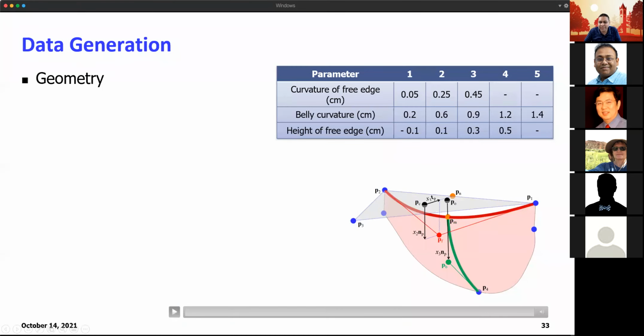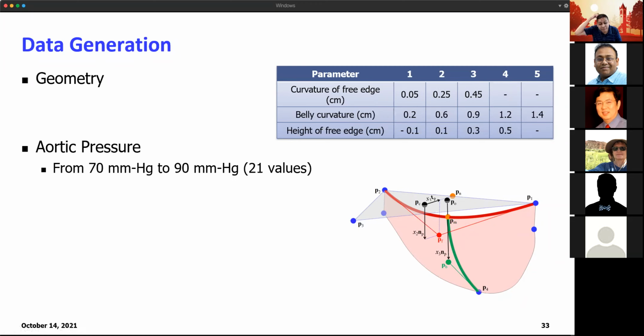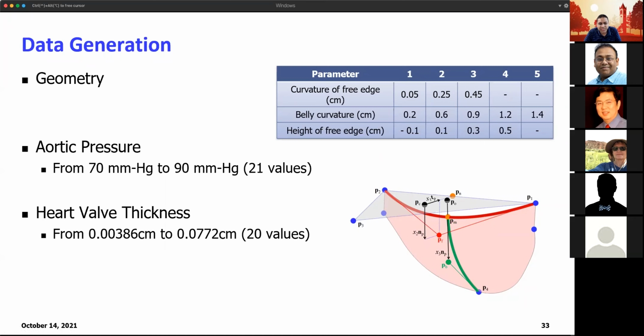So we vary these parameters and obtain a lot of different geometries. We also varied the pressure across the valve itself from 70 to 90 millimeters of Hg, which is a common physiological range for the valves. We also took different valve thicknesses based on what you can get from porcine and bovine pericardium, and then ran about 20,000 simulations of just the valve closure.